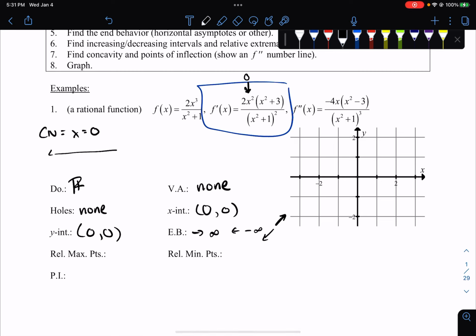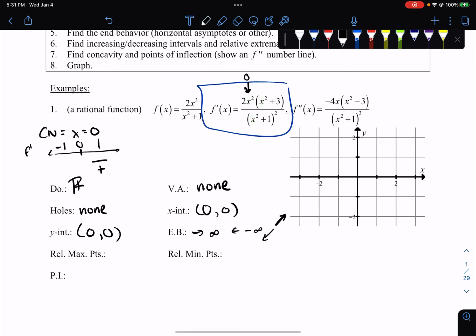And so now I make my chart for f prime. I'm wanting to know what's happening to the left and right of 0. So I pick a number to the left, -1. I pick a number to the right, 1. And I plug those into the derivative. So when I plug in a 1 here, my bottom is positive, right?